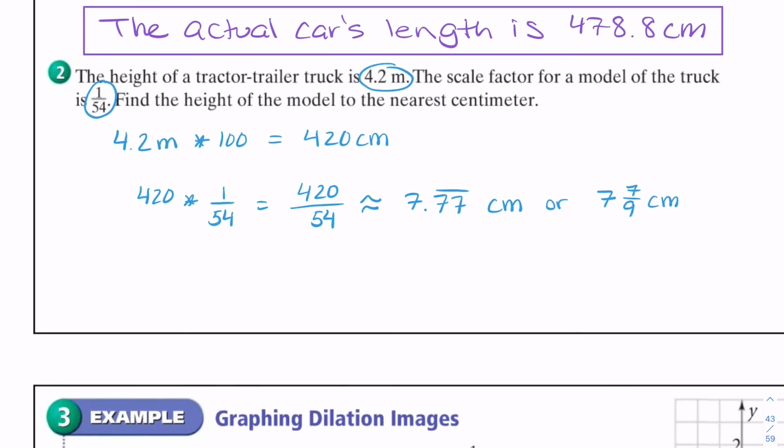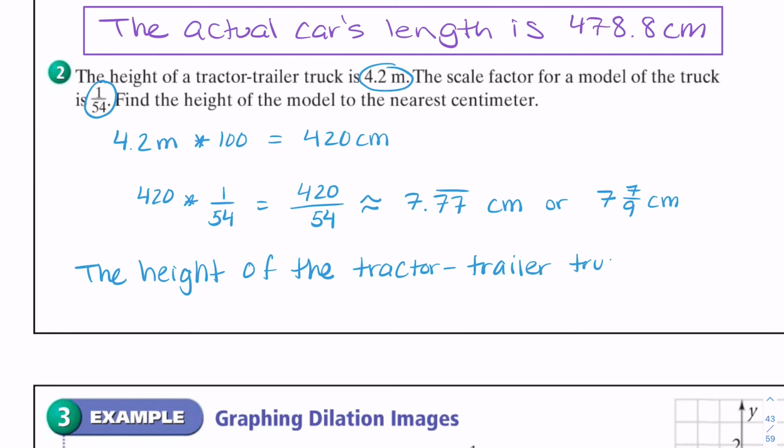So we're going to say the height of the model, I'm going to answer in a full sentence. The tractor trailer truck model is 7.77 cm, is approximately.